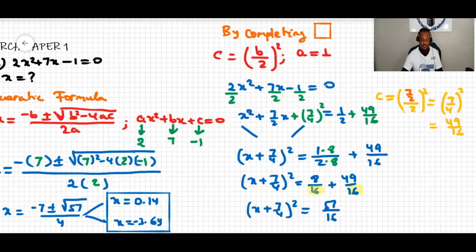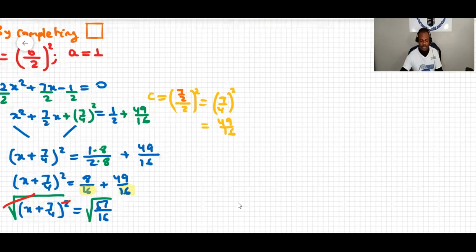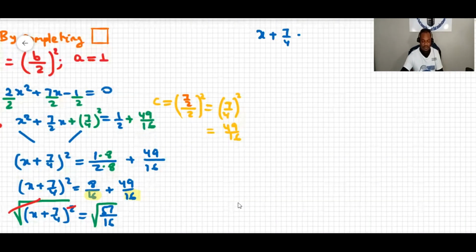Then to reduce this, I'm going to square root both sides. Why square root? Because square root will cancel the power of 2. I will then get x plus 7 over 4 equal to plus minus square root of 57 over 16.